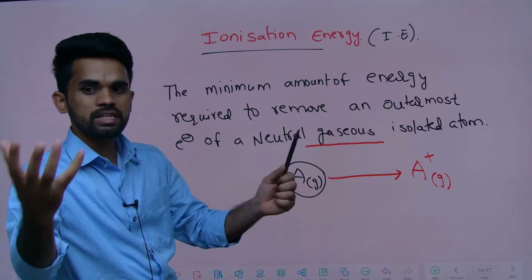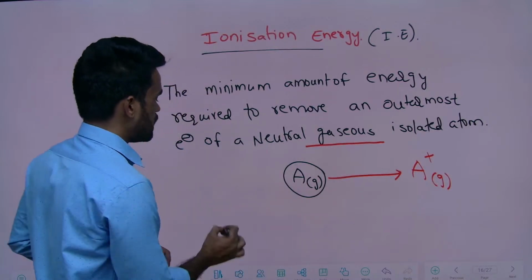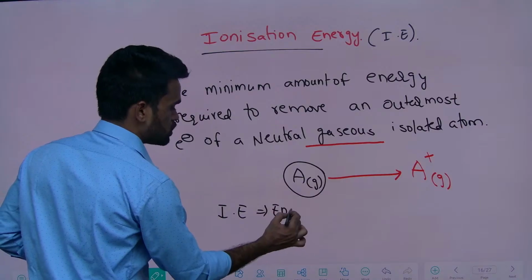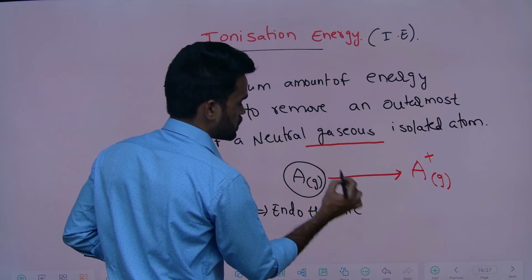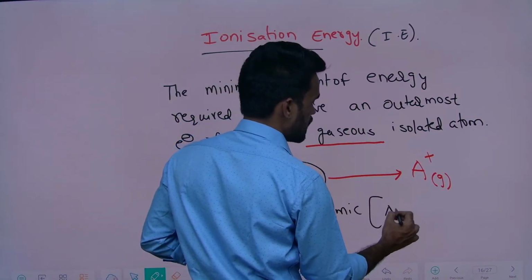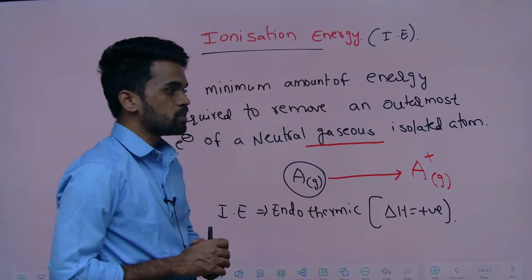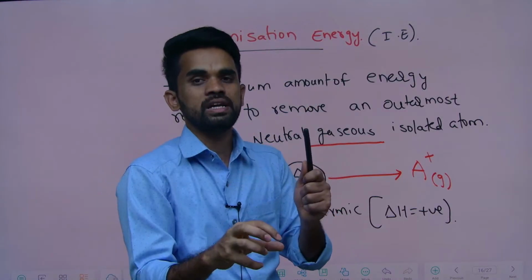Since I am using energy from outside to pick out this electron, you can say ionization energy is an endothermic process, because we are supplying heat energy to the system. So it is considered endothermic, which means the enthalpy should be written as a positive value. If the electron comes out easily, less energy is required.